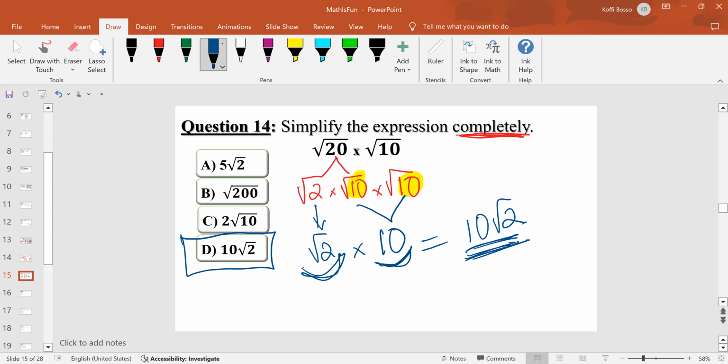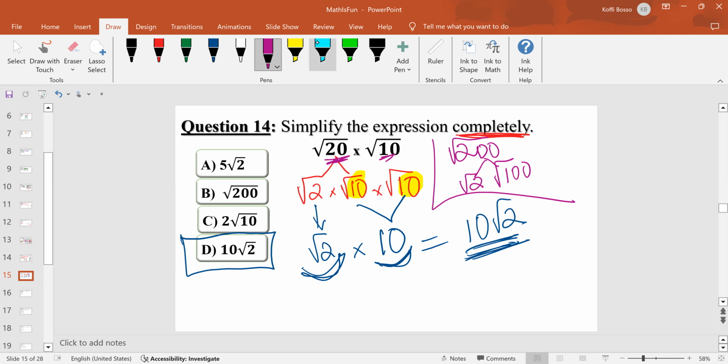Now suppose someone uses another method, multiply 20 by 10, which is correct. Yes, you're going to have a square root of 200. But like I said, this is not complete. You have to go further. So square root of 200 means you're going to have square root of 2 times square root of 100, because 200 is 2 times 100.